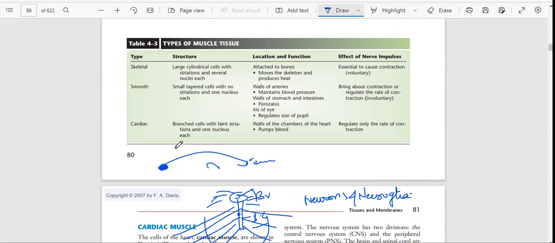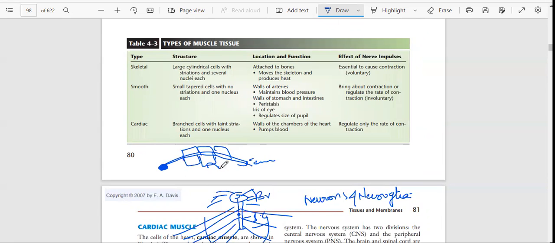Like if anyone touches a hot area, then the brain advises you to release that area immediately. You have to lift your hand immediately. So for this type of information, the Schwann cells work, because Schwann cells have a myelin sheath. Like this type of sheath is there.